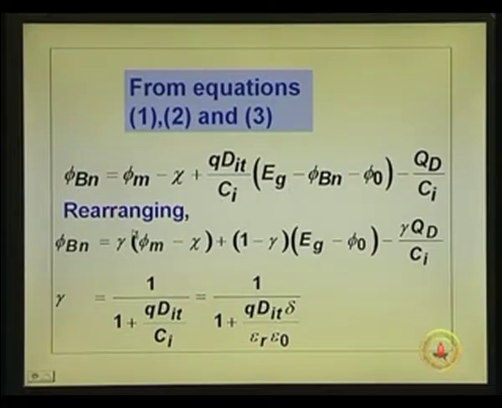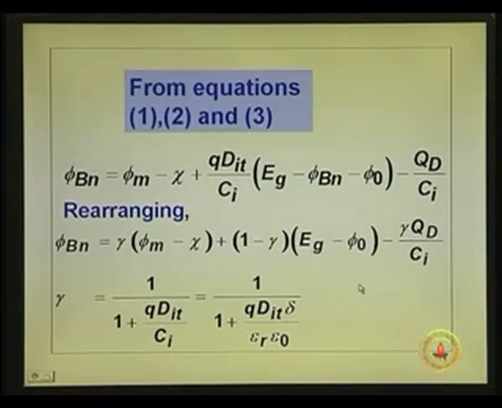But now, when dit is very large, supposing this tends to infinity, then gamma becomes equal to 0, which would mean that the first term is 0 and the second term, with gamma 0, is Eg minus phi naught, and the delta term also goes off because gamma is 0.